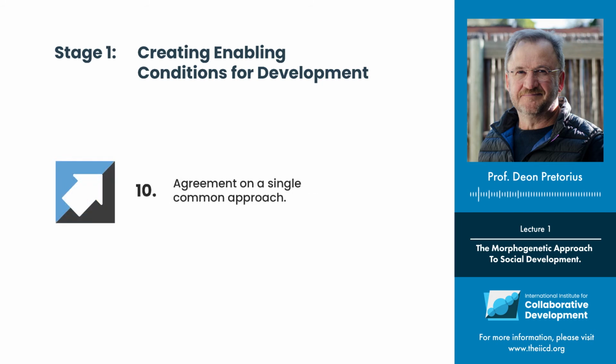Ten, instead of searching for the ultimate approach or having an ongoing contestation between different approaches, what is preferable is to have an overall, very generic, heuristic type of approach, which can be used as a canopy or an umbrella in which a diversity of different approaches can be included.